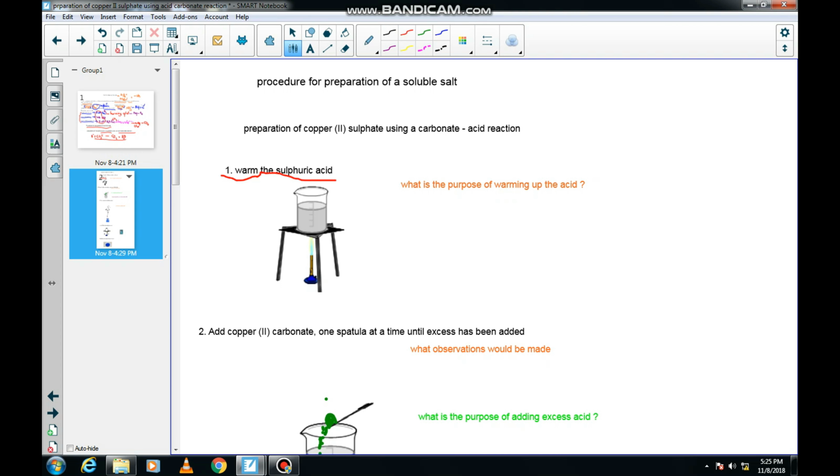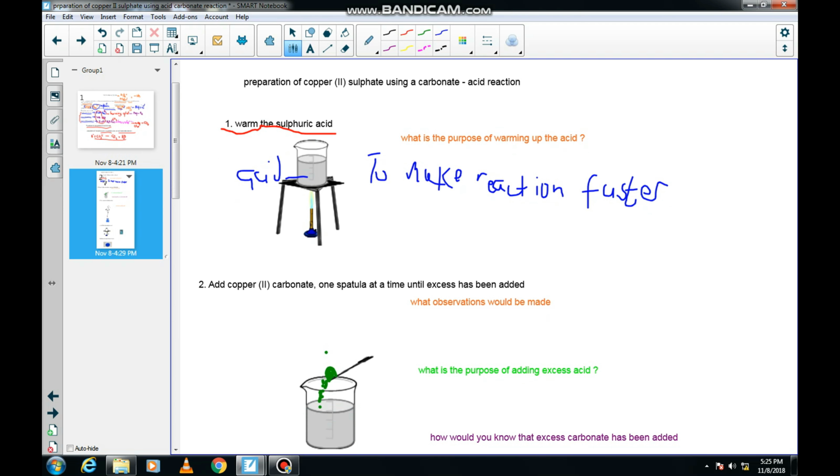The purpose of warming up our acid here is simply to increase the rate of the reaction, to make the reaction faster. This is why the acid has to be hot.